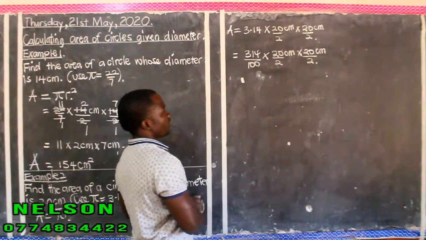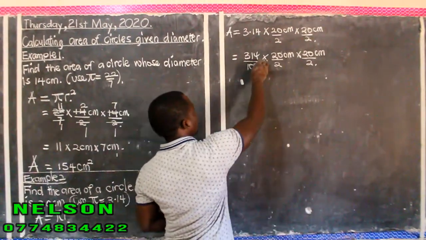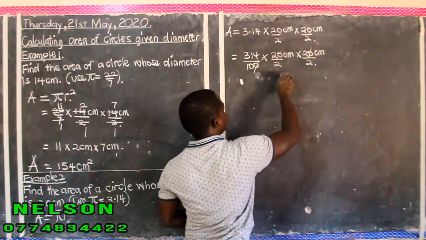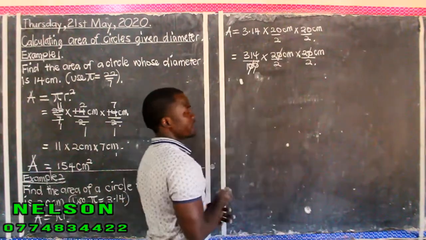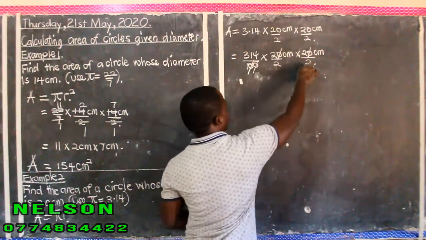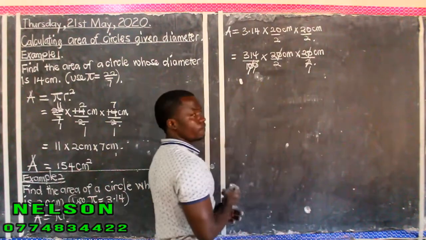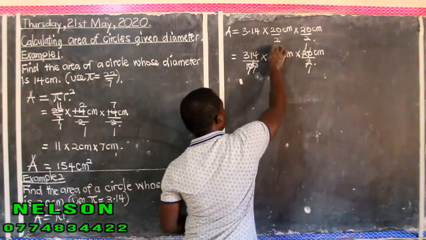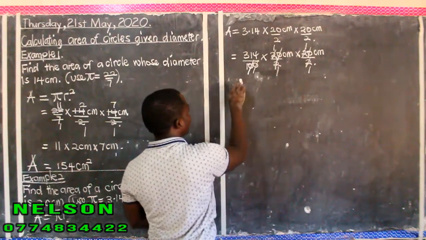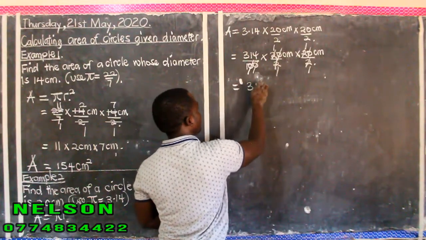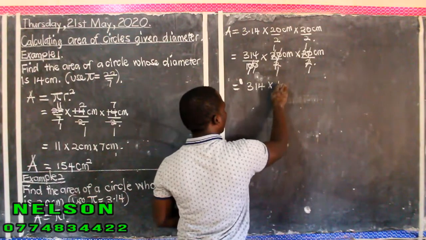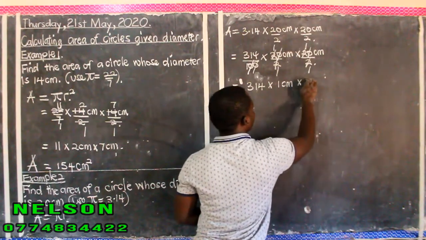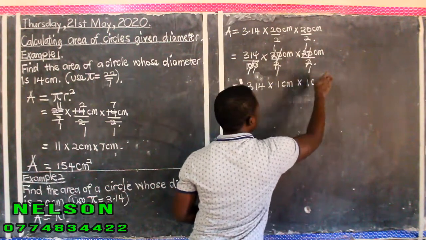Now, we shall simplify. We shall have this 0 go with that 0, see this 0 go with that 0. By 2 here, we shall have once, by 2 once, by 2 once, by 2 once. So we shall have here 314 times 1 centimeter times 1 centimeter.